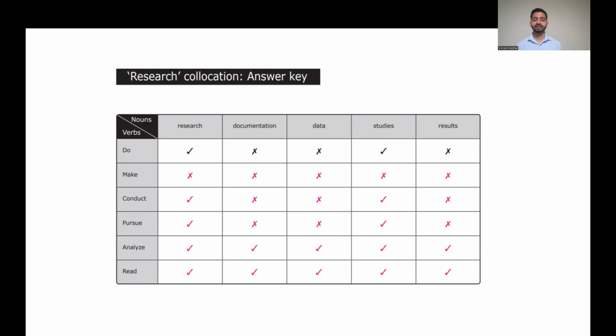Read can also collocate with all of these words: read research, read documentation, read data, read studies, read results. I hope you got a chance to do it on your own and look at the answers right after. If you haven't, please do pause. I did forget to tell you that.